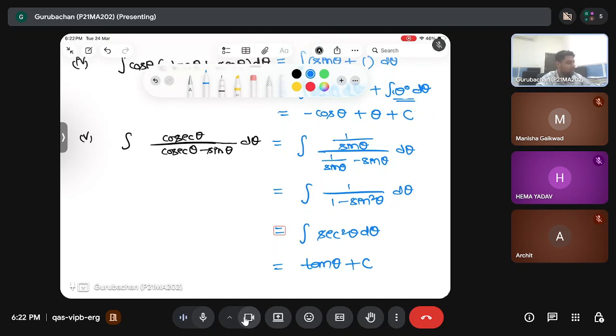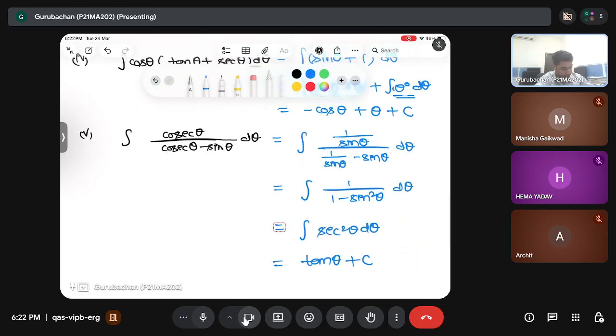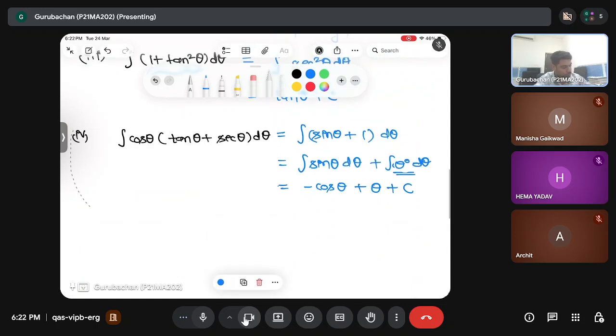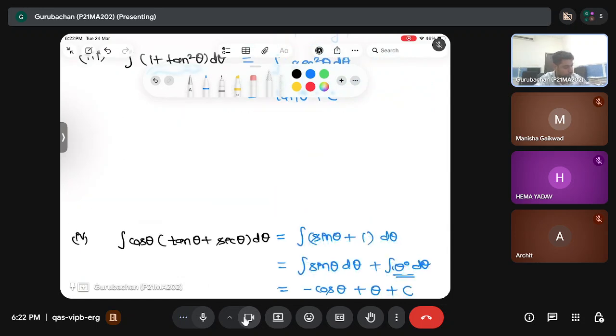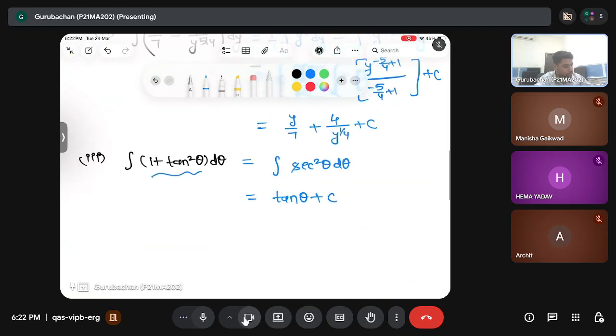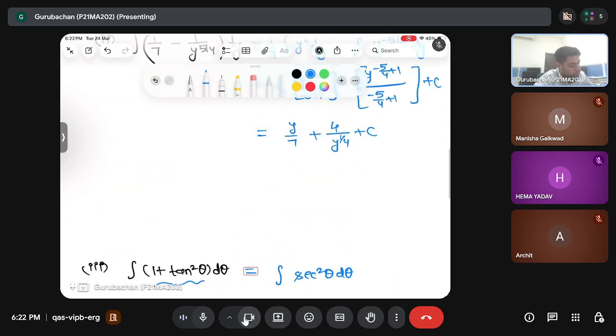So in each of the parts, it has been told you to differentiate. Have you checked it? From the second one we missed the differentiation. What will be the differentiation of y by 7 plus 4 times y to the power 1 by 4 plus constant?